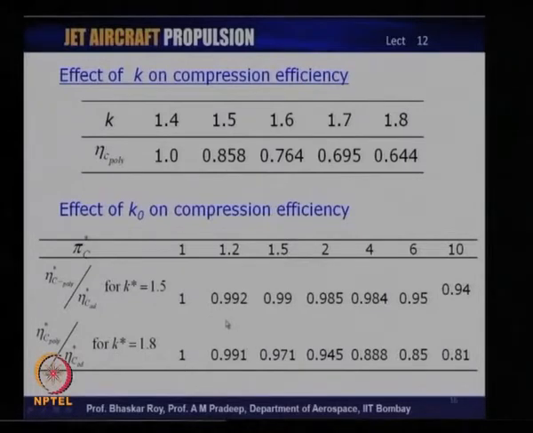But once the compression ratio increases from 1.2, 1.5, which are stage pressure ratios, and then multi-stage pressure ratios of 2, 4, 6 and 10, for a value of K 0 which is now, for example, 1.5, the efficiencies would start falling, and we can see that the efficiency falls all the way to 94%.